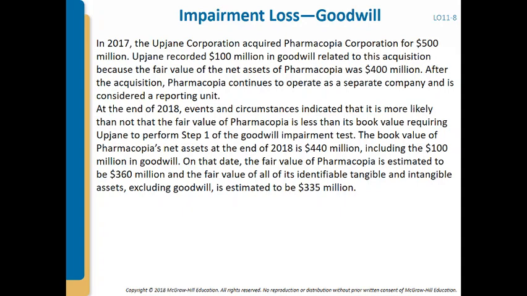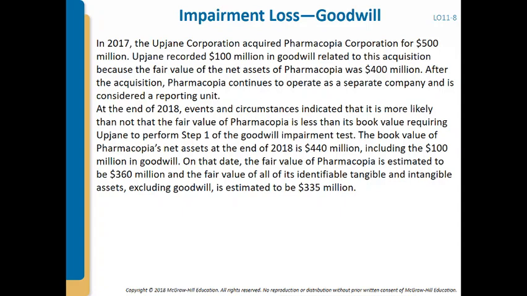After the acquisition, Pharmacopoeia continues to operate as a separate company and is considered a reporting unit. At the end of 2018, events and circumstances indicate that it is more likely than not that the fair value of Pharmacopoeia is less than the book value, requiring Upjohn to perform step one of the goodwill impairment test.